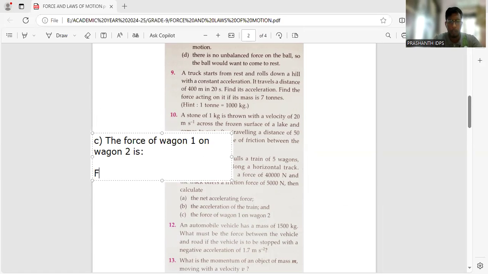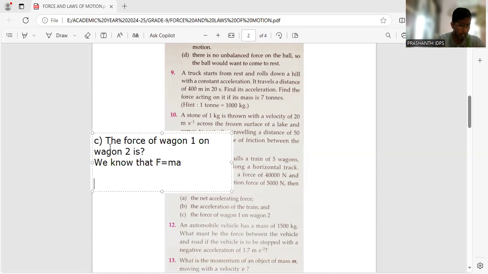What is the force formula? F is equals to, question mark. We need to find the formula. We know that F is equals to ma. F is equals to m into a. With this formula, we have to find out the force of wagon 1 on wagon 2.